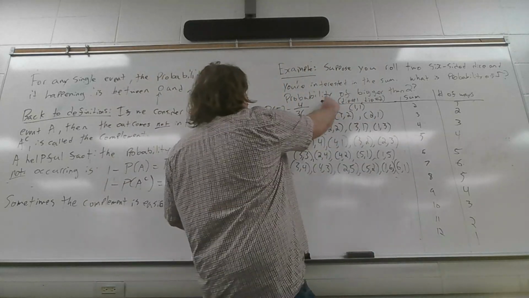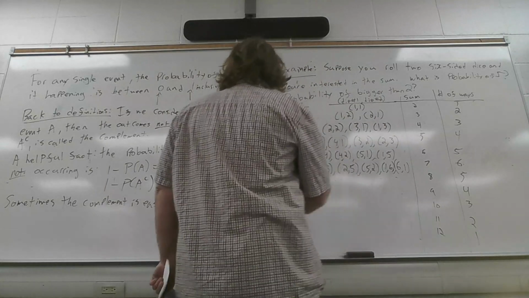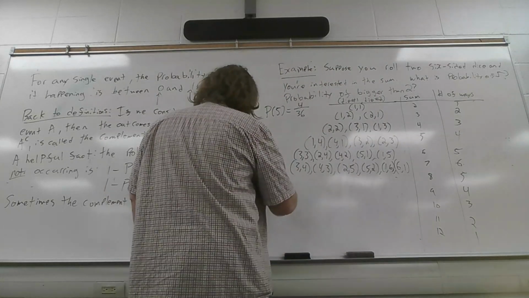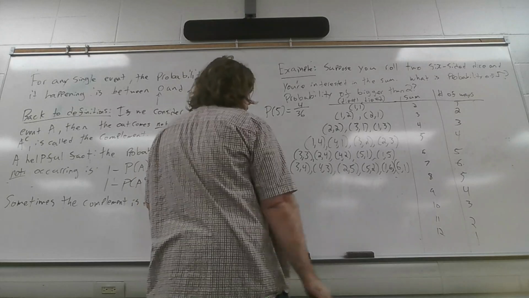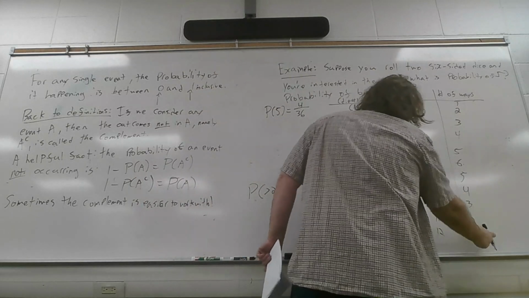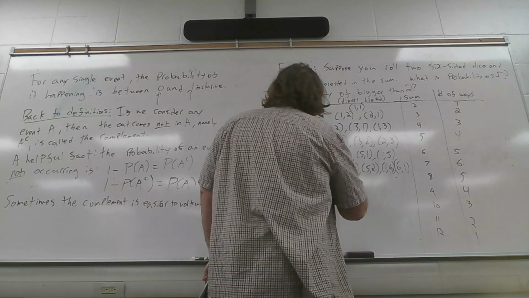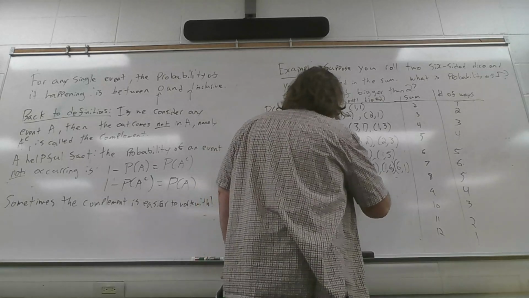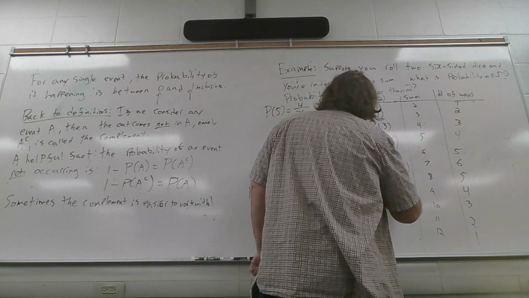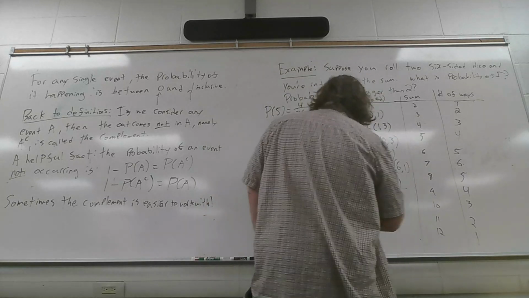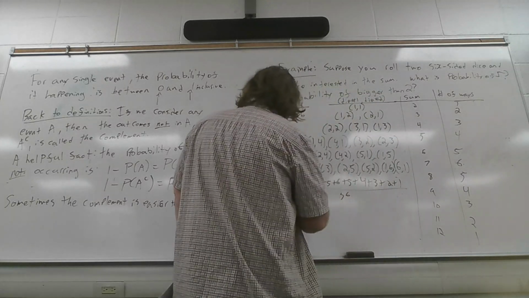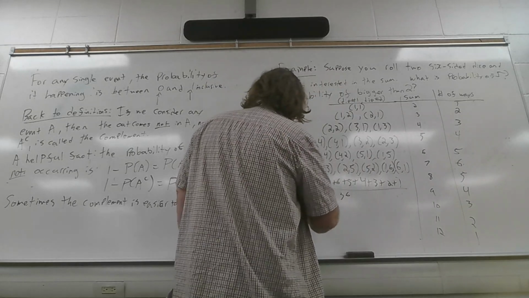But now we can answer this question too. Probability of being bigger than 2. So that's all of these numbers added on the top: 2 plus 3 plus 4 plus 5 plus 6 plus 5 plus 4 plus 3 plus 2 plus 1, all over 36, which ends up being 35 out of 36.